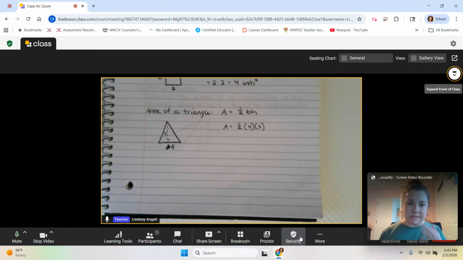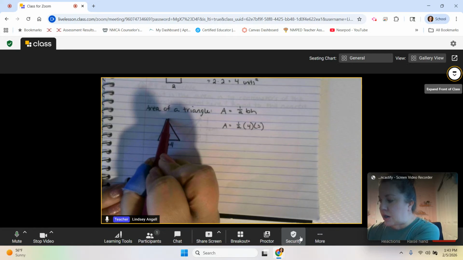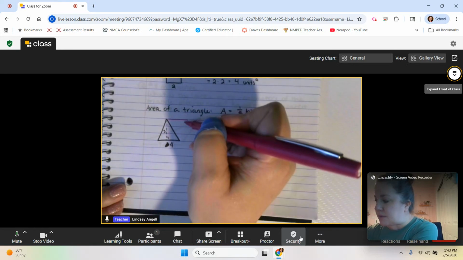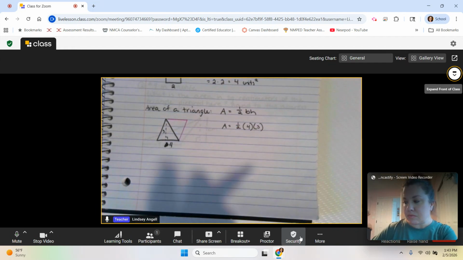For triangles, the formula for area is 1/2 times the base times the height. The reason for that is that you could turn any triangle, if you doubled it, into something called a parallelogram.